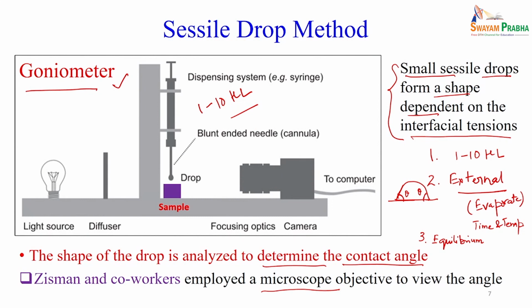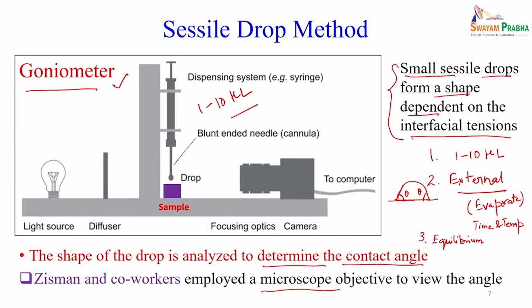If you want to measure the static or equilibrium contact angle, we have to measure it when the value of theta becomes constant, because there is an interaction taking place between the solid and the liquid, so accordingly the drop shape will keep changing. Within a few seconds there will be a change in the drop shape because of the interaction between the solid and the liquid, and once it reaches equilibrium, the theta value becomes constant.